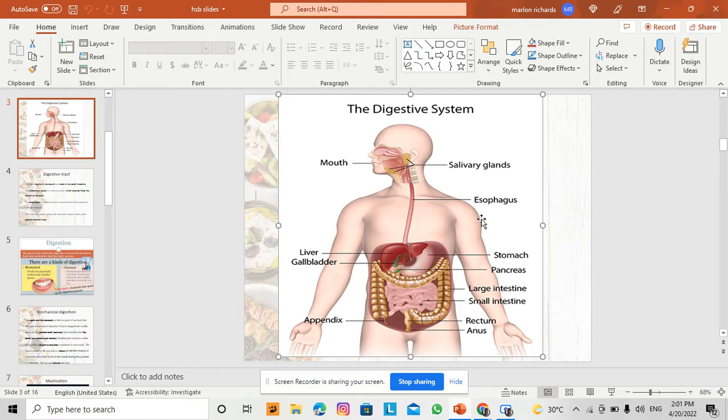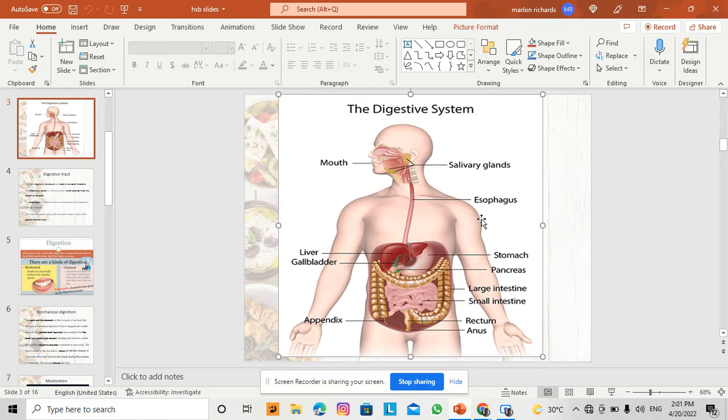So when the food is passed down the esophagus to the stomach, the purpose of the stomach is to break down the food into smaller, digestible molecules, right?